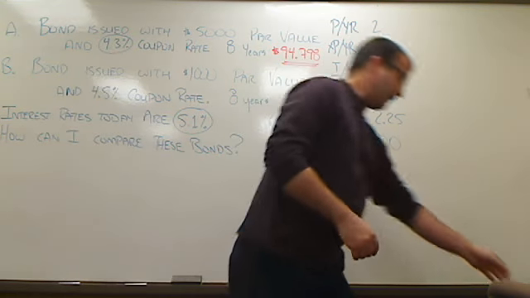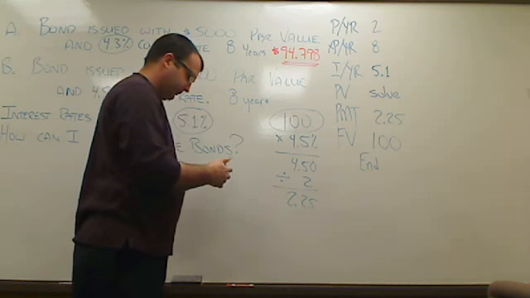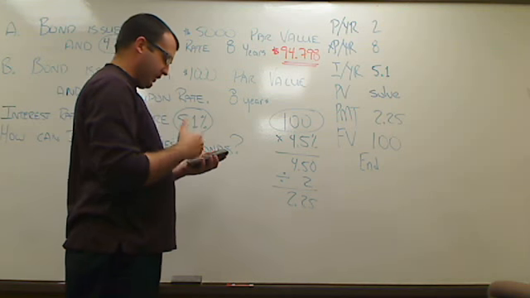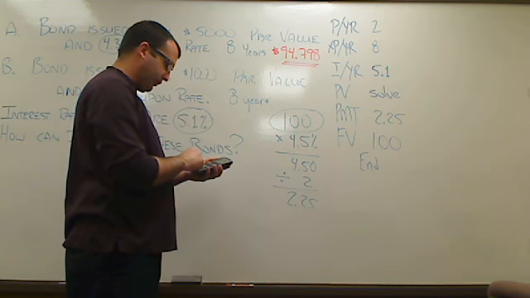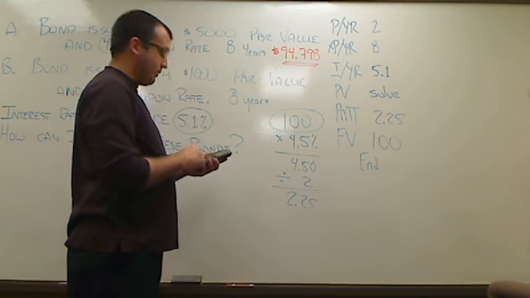Once I know all those values, I can just go through and solve. And that will give me now some uniformity and apples-to-apples comparison with my bond.